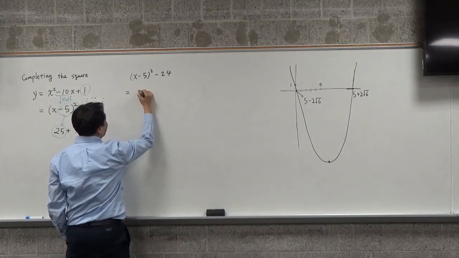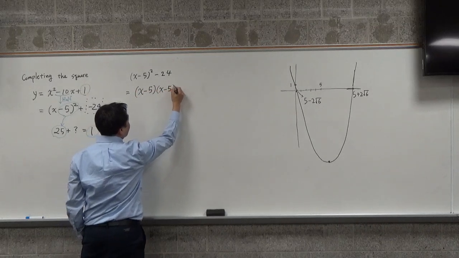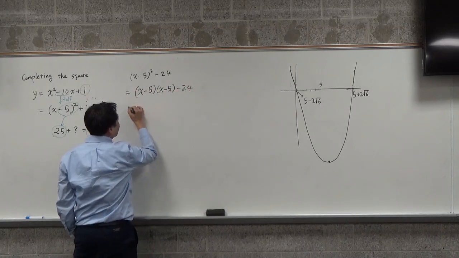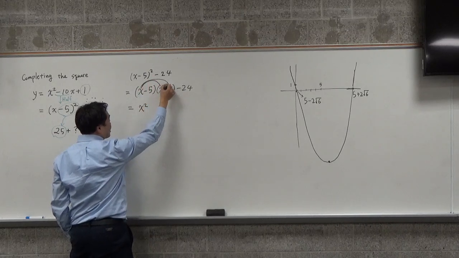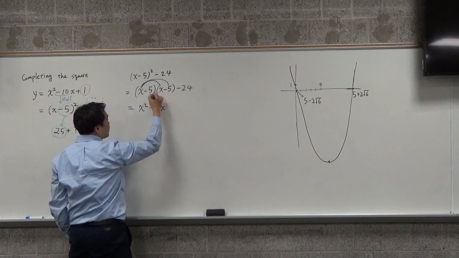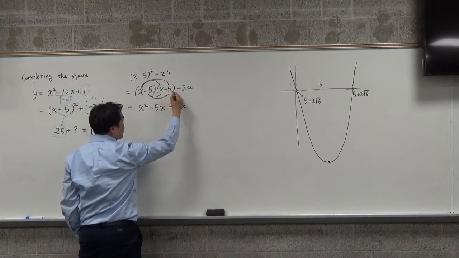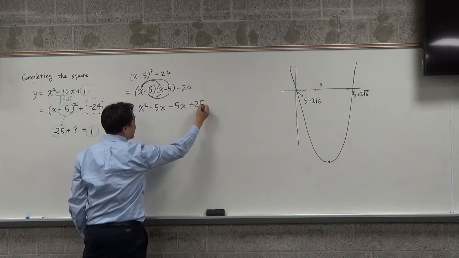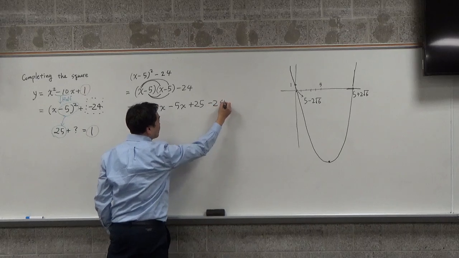Write down x minus 5 squared as x minus 5 times x minus 5 minus 24. And x times x is x squared. x times negative 5 is negative 5x. Negative 5x is again negative 5x. Negative 5 times negative 5 is positive 25. Remember, negative times negative is positive. And you still have negative 24.